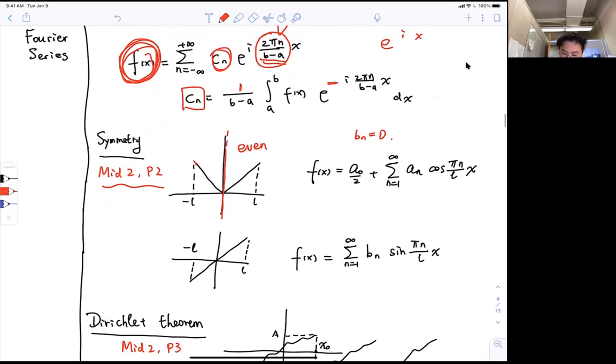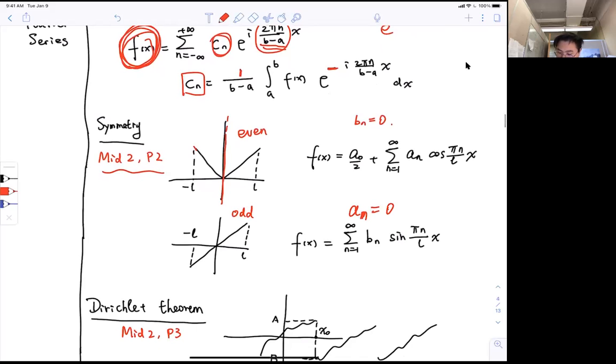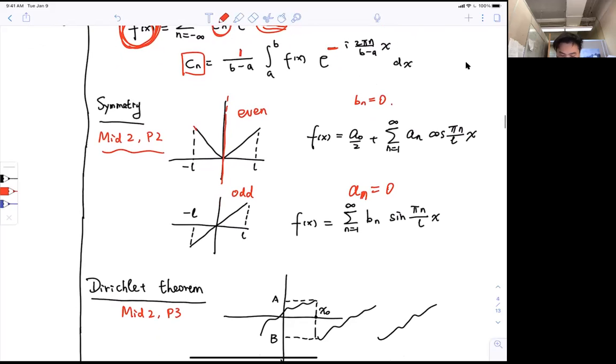And if it's an odd function, then a_n is 0, and only sine terms survive. So if the question asks you to do a cosine Fourier expansion, then you know that the function must be an even function.